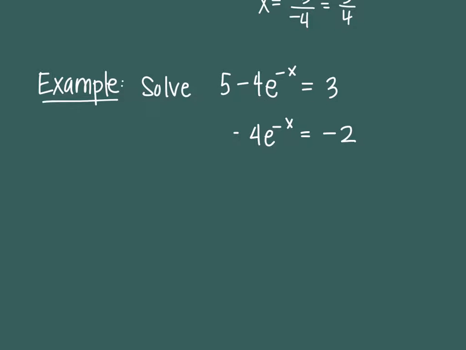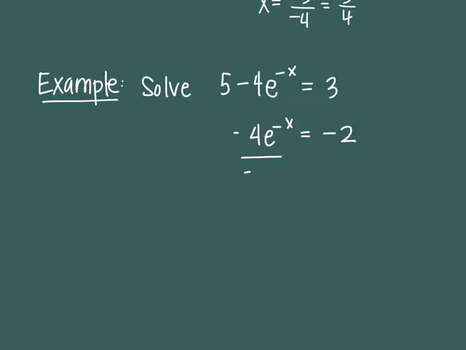All right, Hallie, next step. What do I want to get rid of next? You want to get rid of the negative 4. And how do I do that? I just divide.